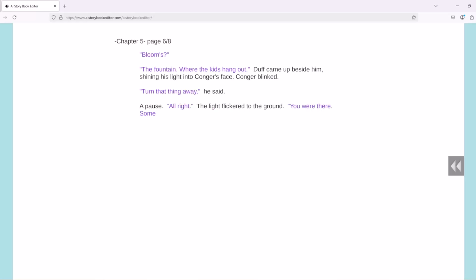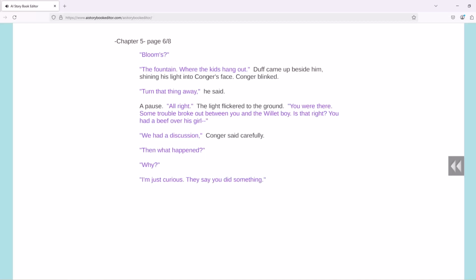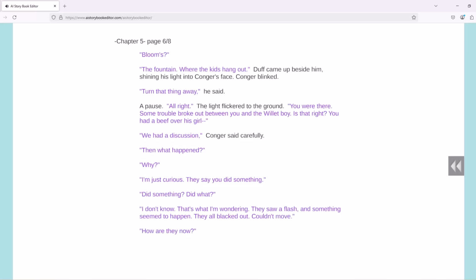"You were there. Some trouble broke out between you and the Willett boy. Is that right? You had a beef over his girl?" "We had a discussion," Conger said carefully. "Then what happened?" "Why? I'm just curious. They say you did something." "Did something? Did what?" "I don't know. That's what I'm wondering. They saw a flash and something seemed to happen. They all blacked out. Couldn't move." "How are they now?" "All right." There was silence. "Well?"